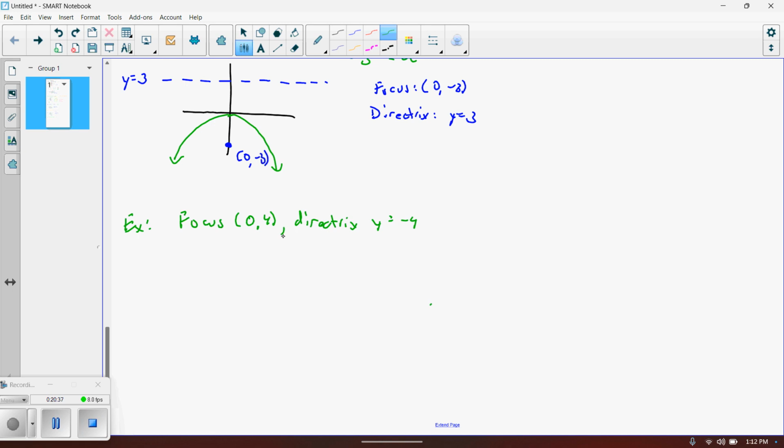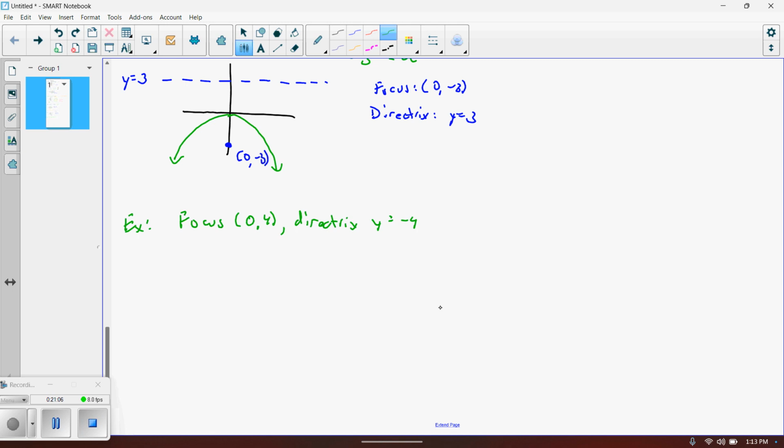So again, the fact that your focus is a y value and the y equals negative 4 is the directrix tells you everything you need to know as far as whether it opens up, down, left, or right. Because the focus is a y value and the directrix is a y equals, that's going to open up and down. And because the directrix is negative and the focus is positive, it should open up. So we know that we're going to have a positive equation for our parabola here.